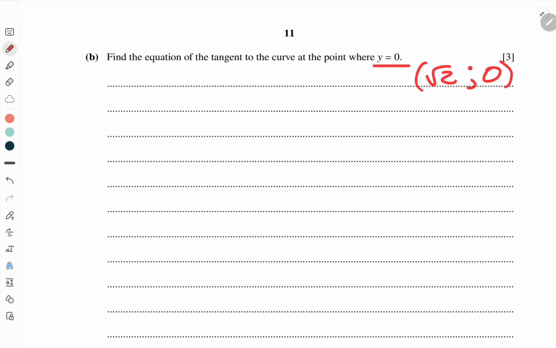So I want the equation of the tangent. Now when we talk of a tangent, it is a straight line.